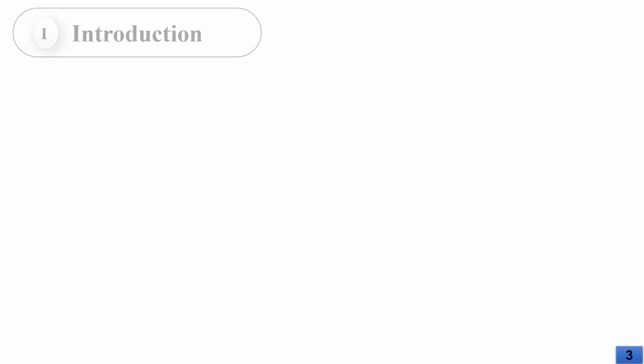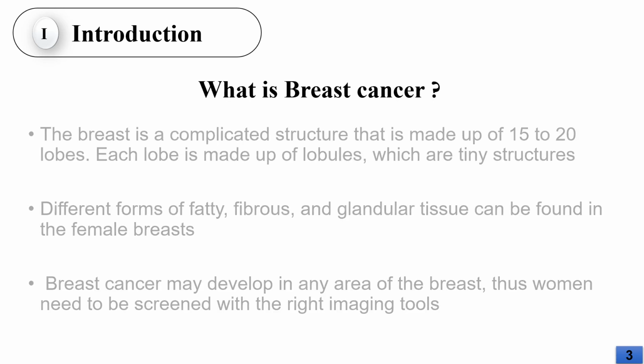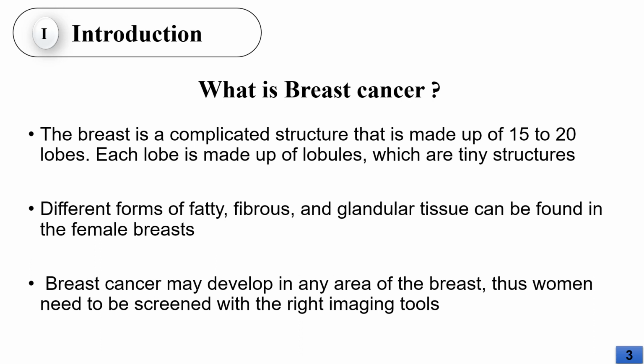Now, let's start by understanding what breast cancer is. The breast is a complex structure composed of 15 to 20 lobes, each housing tiny structures called lobules. These lobules consist of different forms of fatty, fibrous, and glandular tissue.